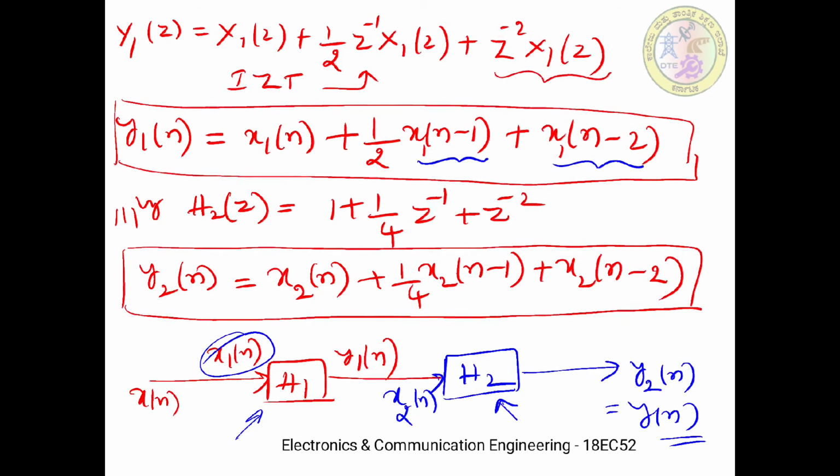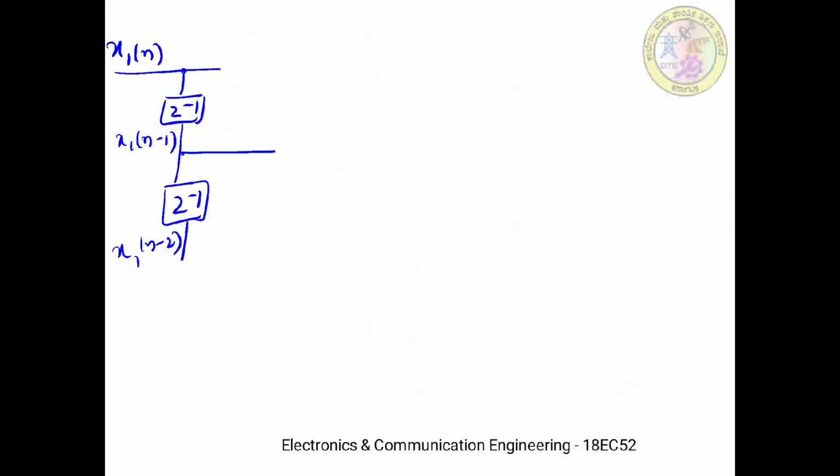Now the delayed samples: in the equation, x1 of n minus 1 is multiplied by 1 by 2 and x1 of n minus 2 is multiplied by 1. So x1 of n minus 1 will be multiplied by the coefficient 1 by 2, and similarly x1 of n minus 2 will be multiplied by 1.